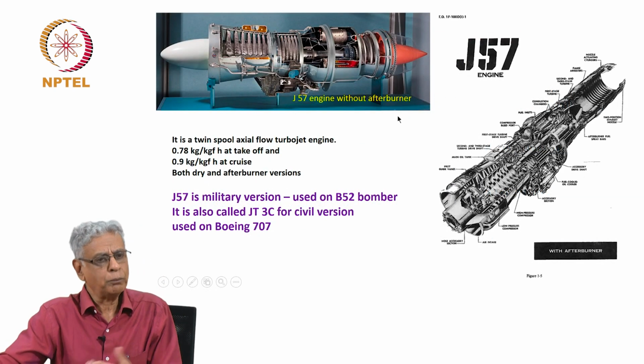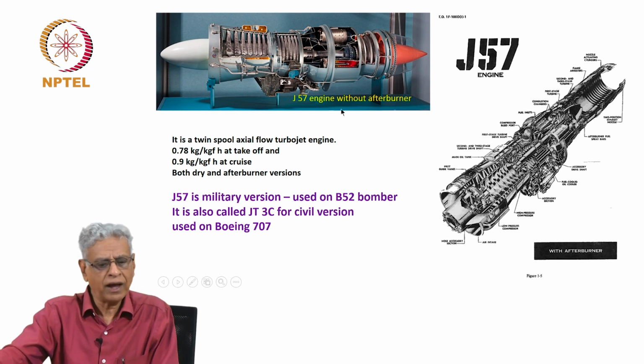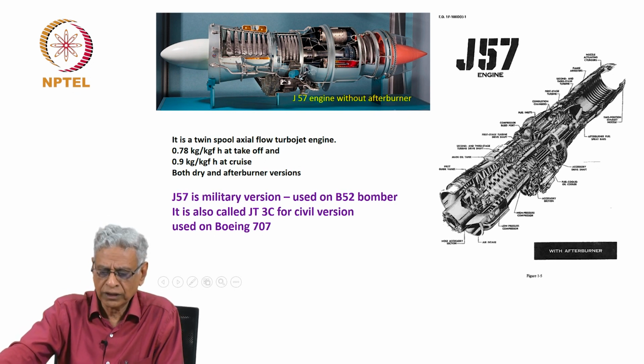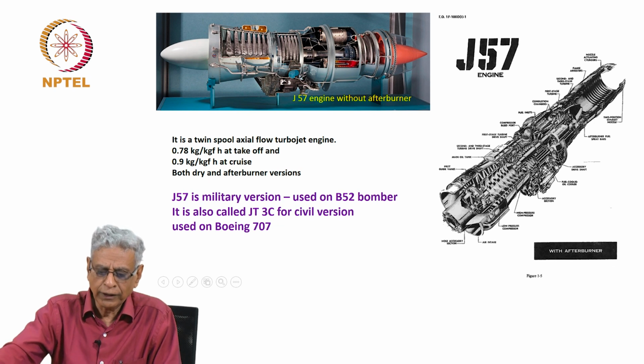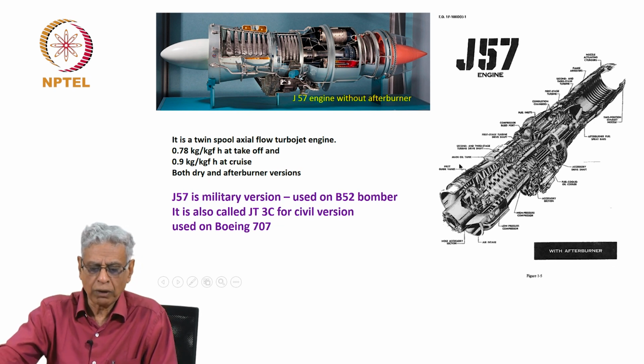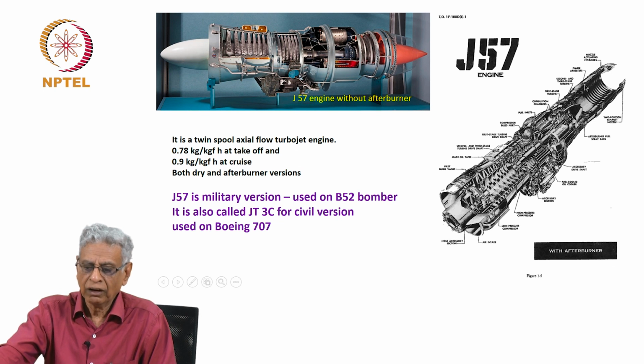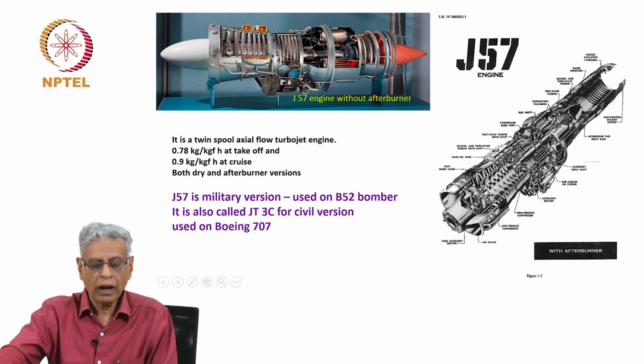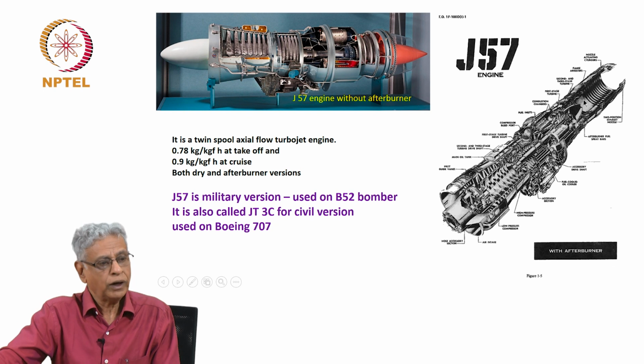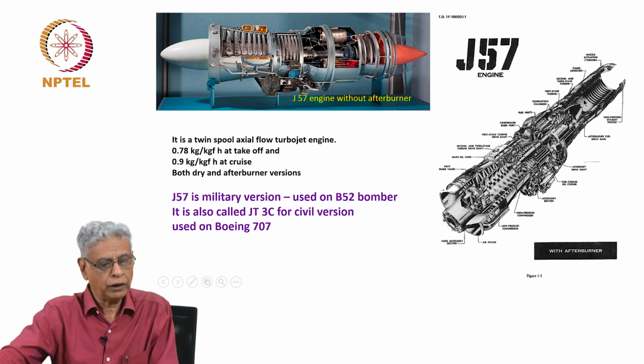I will just show you some pictures for familiarity. This is the J57 engine, and you will see all the components here. The first part is the compressor, then you have a combustion chamber, turbine, and the exhaust goes into an afterburner, which is where you get extra thrust for acceleration.